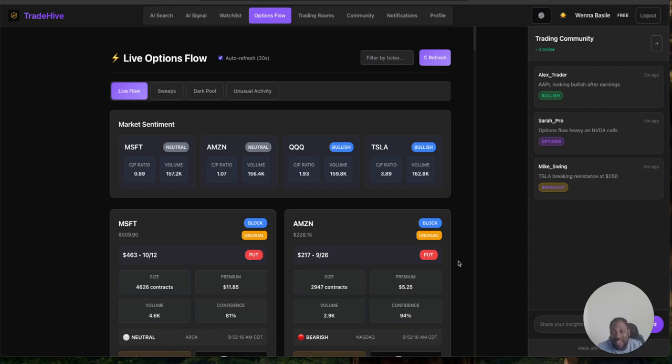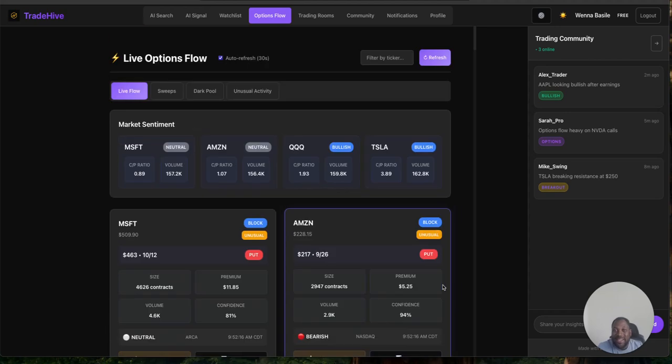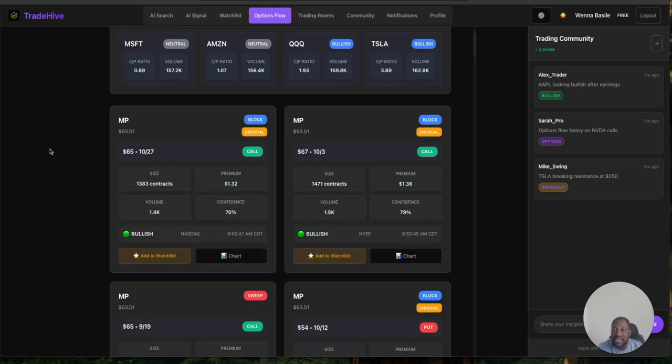And this is a good model, right? It gives you what everybody else is doing that you don't know. Institutions, people who have trunks of money, are doing things behind the scene, unusual activities that are happening with this stock, any stock. Here you can put a stock, let's put MP. Let's search for MP, let's refresh MP. See, you can kind of see everything.